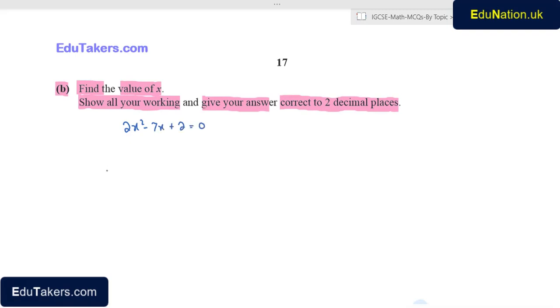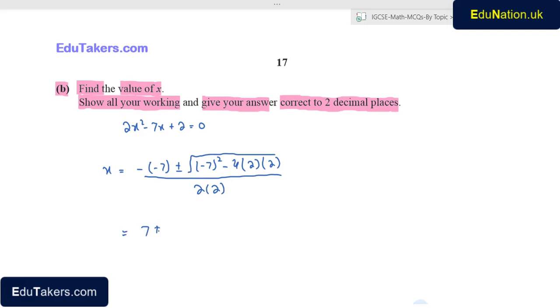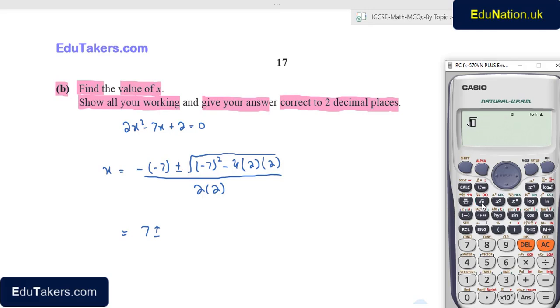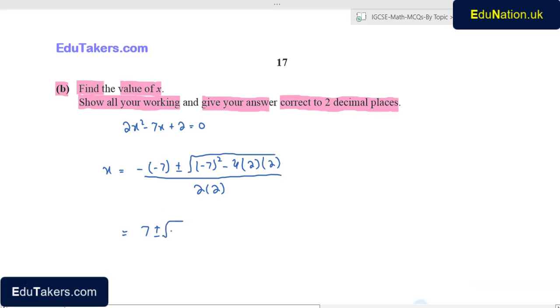By using the quadratic formula, x will be equal to minus of minus 7 plus or minus the square root of minus 7 square minus 4 into 2 into 2, over 2 into 2, which equals 7 plus or minus the square root of 33 over 4.